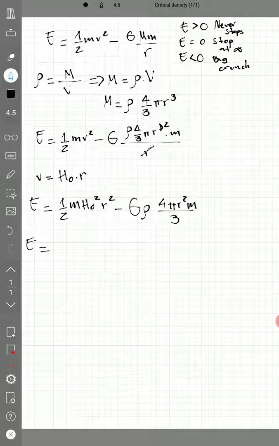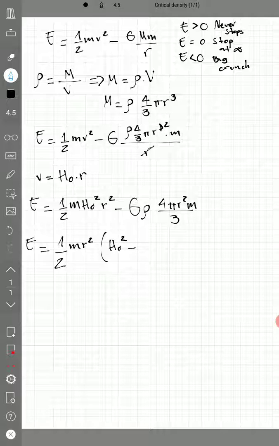And what we get is this. I can factor some terms here, and I'm just going to do it the usual way to get the number that we're trying to get. 1/2 m r squared is the factor that I'm going to take out. If I take the first term, I'm going to get only H0 squared, and then minus, and I'm going to get something a little bit more complicated here.